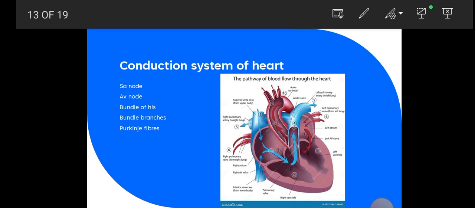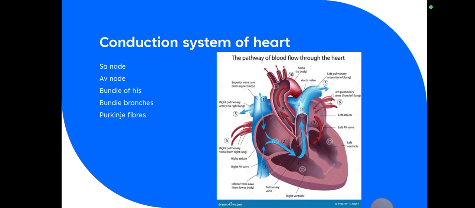Okay, let's continue. We have the conduction system of the heart. SA node is the sinoatrial node, AV node is the atrioventricular node. Then there is the bundle of His and bundle branches, then Purkinje fibers.